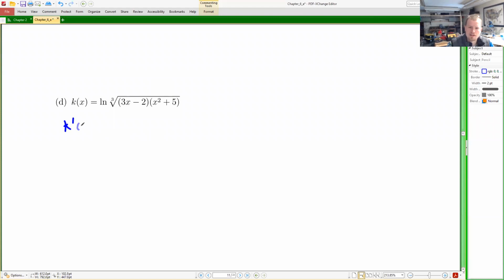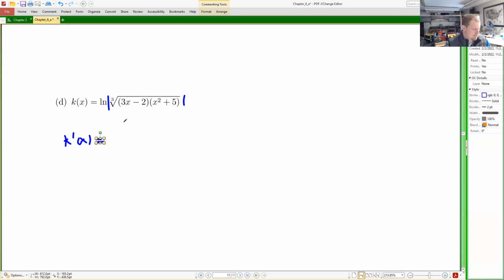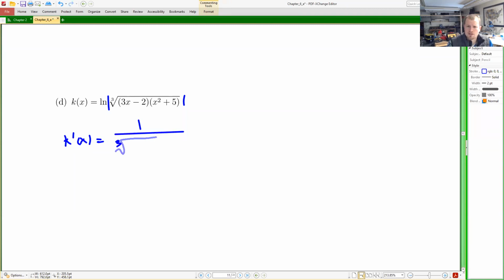If I wanted to find the derivative of k of x, it's the natural log of this thing. Probably needed some absolute values in there. That's probably a good idea. Anyway, that doesn't matter. What I want to focus on is that the basic idea is 1 divided by the same thing, the cube root of 3x minus 2 times x squared plus 5.